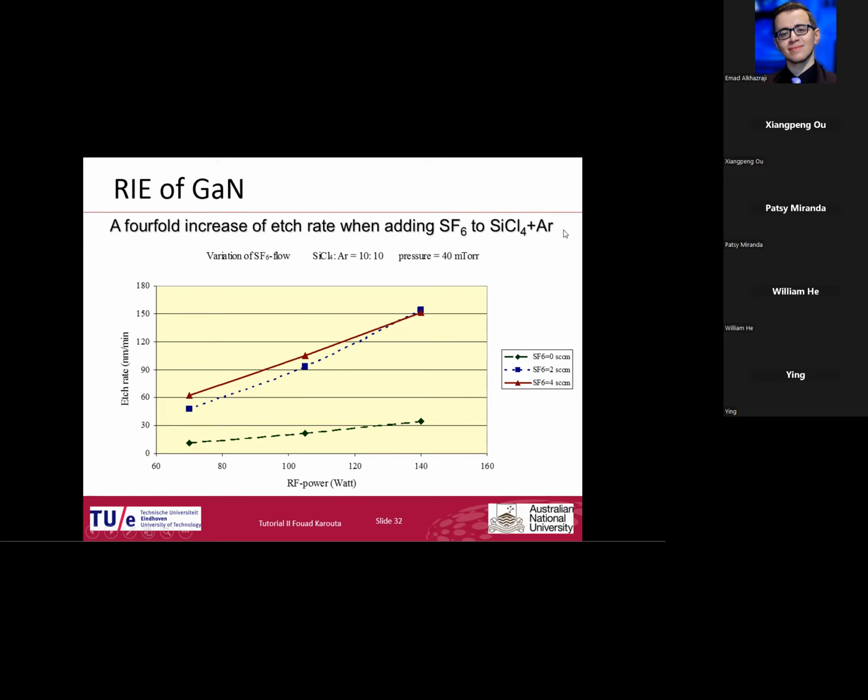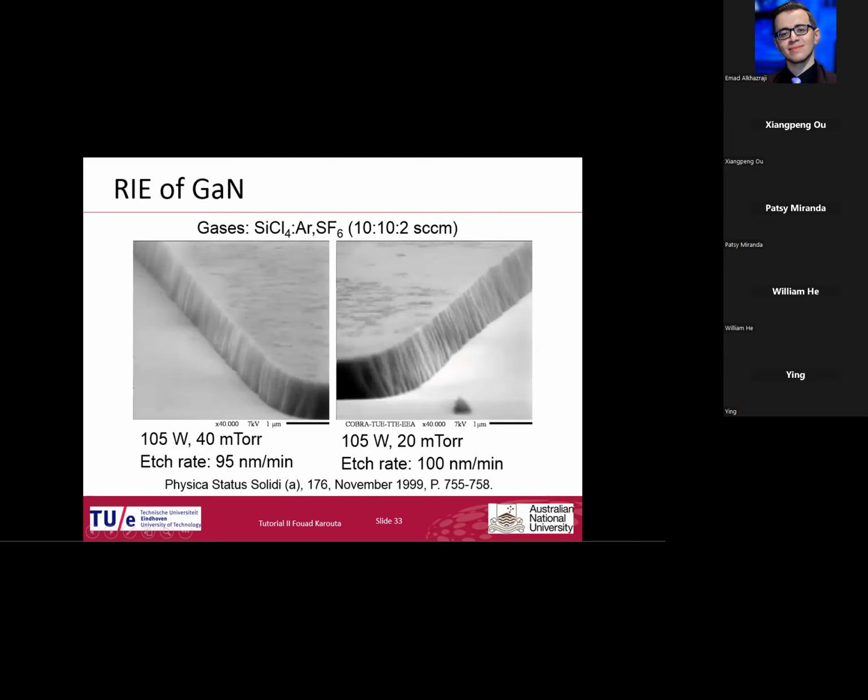With silicon tetrachloride and argon, I was obtaining this type of etch rate at this RF power. That is, by the way, a parallel plate or capacitively coupled reactor, so it's not ICP. And when I added SF6, even 2 or 4 sccm, I got about a 4 times increase in etch rate.